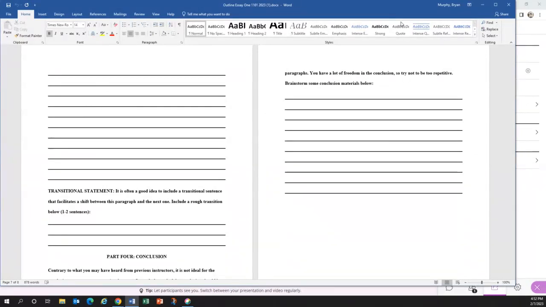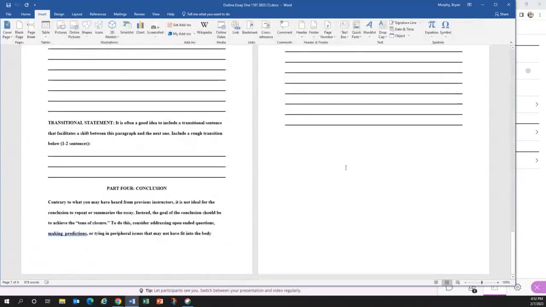So you can't really bring in extra stuff that's peripherally related, stuff that you want to mention but you can't, because the body paragraphs' structure is so rigid that it doesn't really let you do it. But in the conclusion, you have a lot of freedom. So exercise that freedom, achieve the tone of closure, and leave me wondering or thinking about how awesome your essay was.